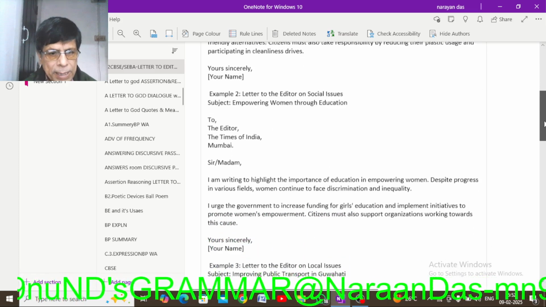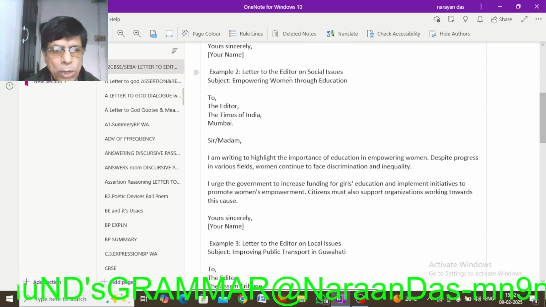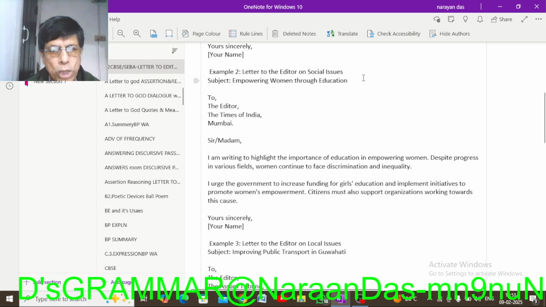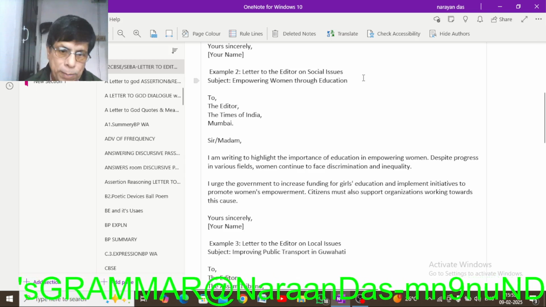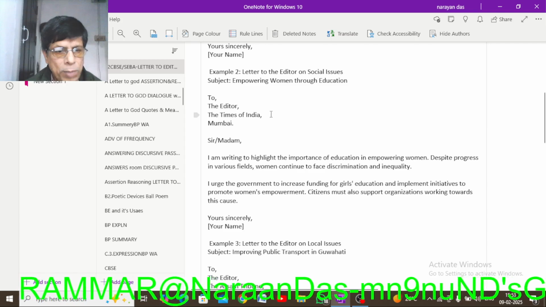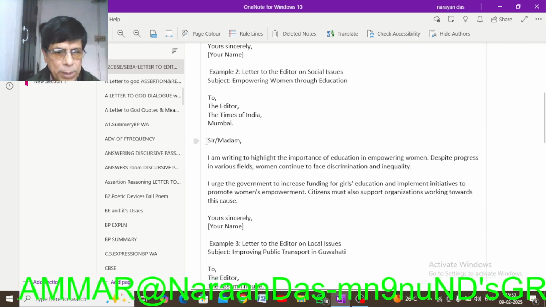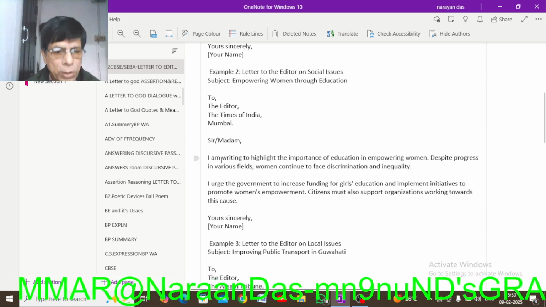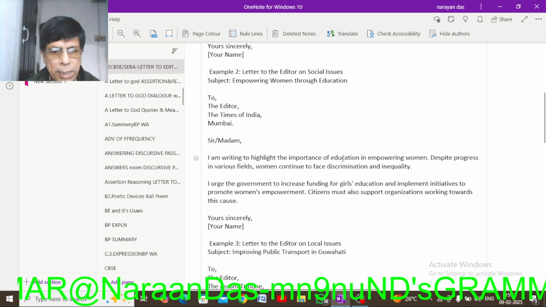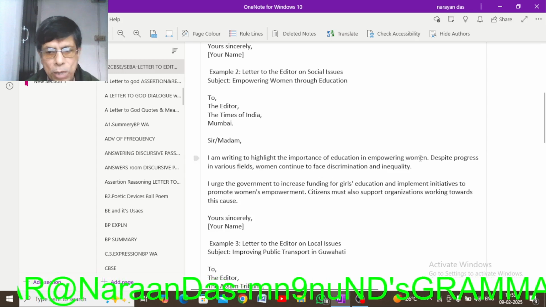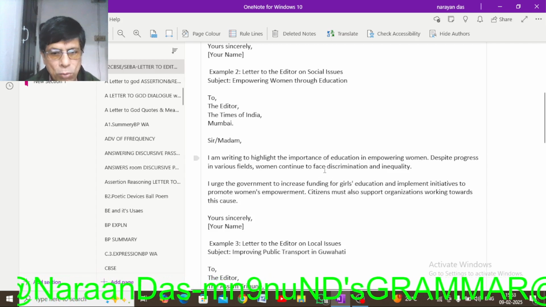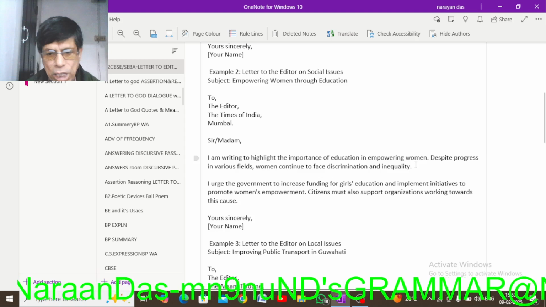Then the second letter to the editor on social issues, empowering women through education. This is very important. As usual, the Editor, The Times of India, and the address Mumbai. Sir, Madam, the saluting paragraph. I am writing to highlight the importance of education in empowering women. Despite progress in various fields, women continue to face discrimination and inequality.